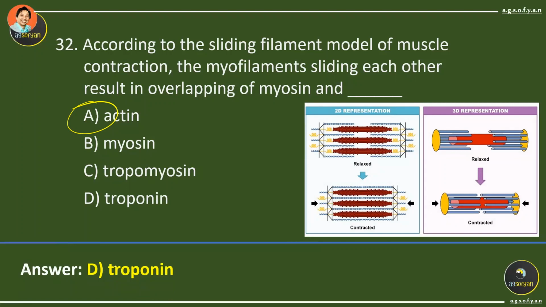So this is not the correct answer. It should be actin. So the correct answer is overlapping of myosin and actin.